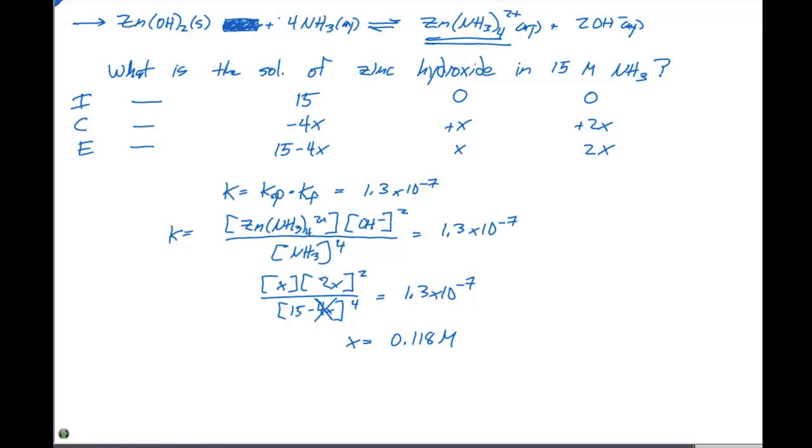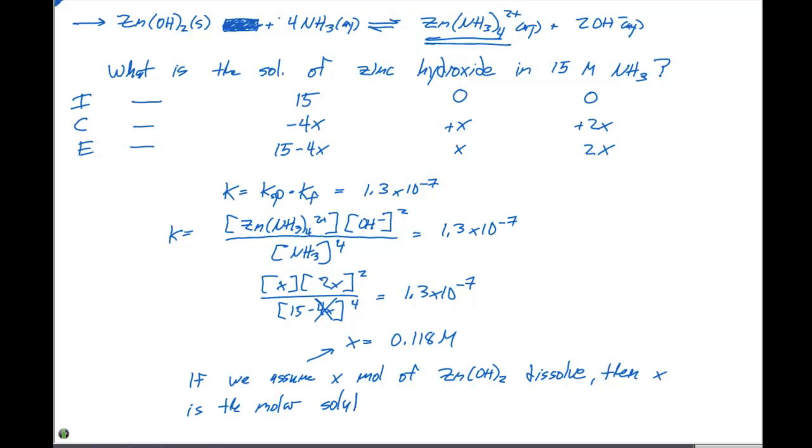So what we can say about this value for x right here is that if we assume x moles of zinc hydroxide, which is ZnOH2, dissolve, then x is the molar solubility of zinc hydroxide in 15 molar ammonia.